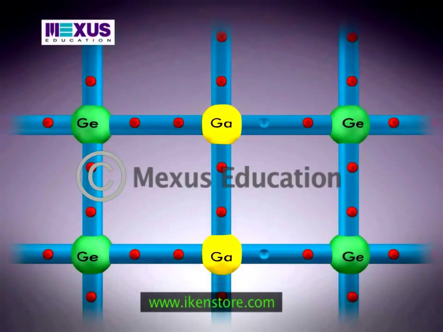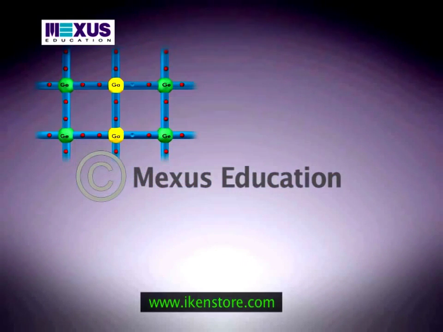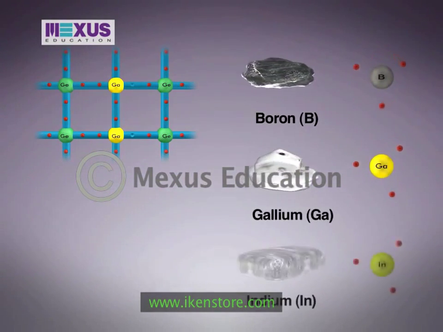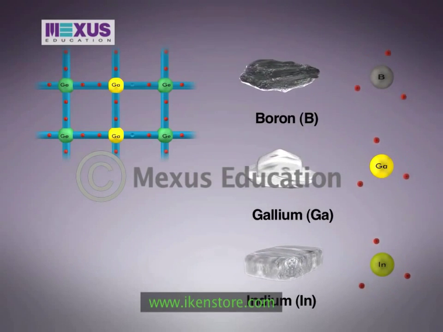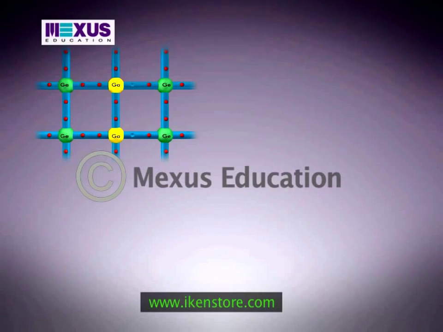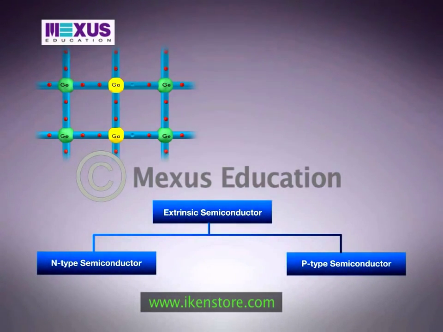Acceptor impurities are those elements which create positive carriers or holes that can accept electrons. Trivalent elements like boron, gallium or indium are acceptor impurities. Dominant carrier concentrations in an extrinsic semiconductor classify it as either an N-type or P-type semiconductor.